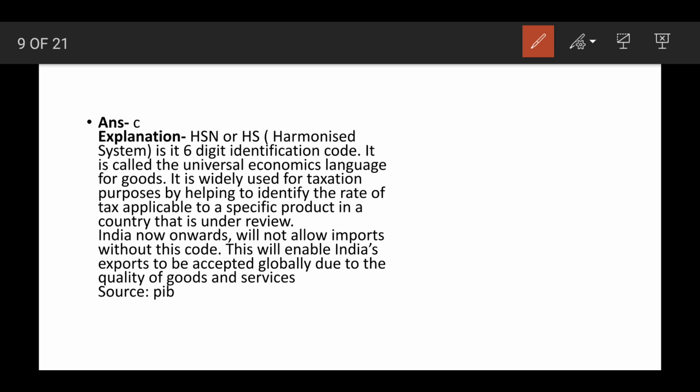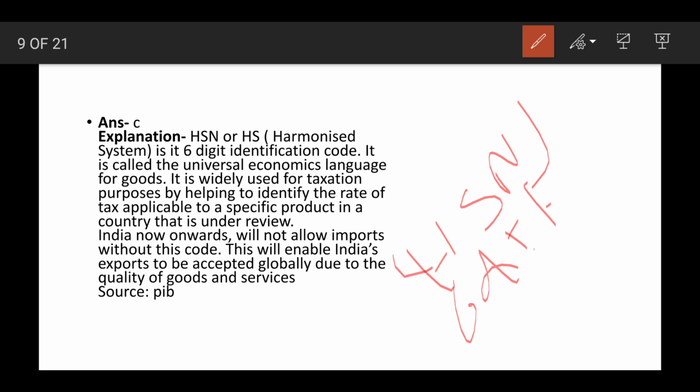The correct explanation is: HSN means Harmonized System. HSN is a 6-digit identification code. It is also called a universal economic language for goods.